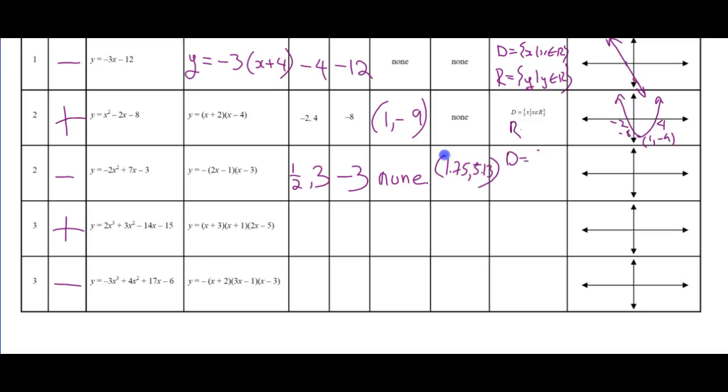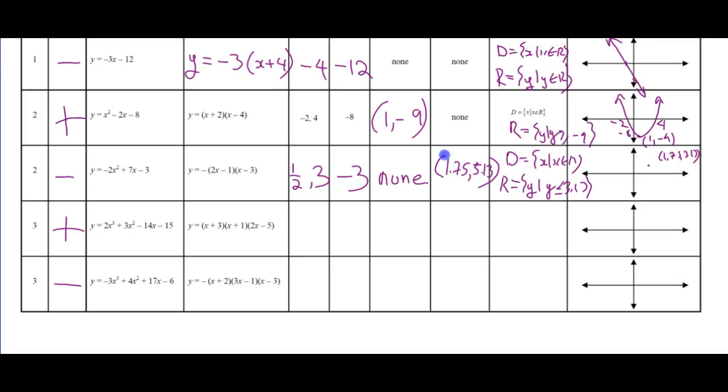Oh, they never did a range here. What's the range of this? Y is greater than or equal to -9. This is x belongs to the reals. The range is y such that y, what? Less than or equal to 3.13. Okay, so I need the point 1.75, 3.13.